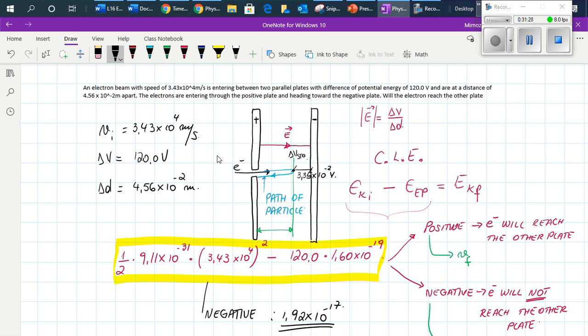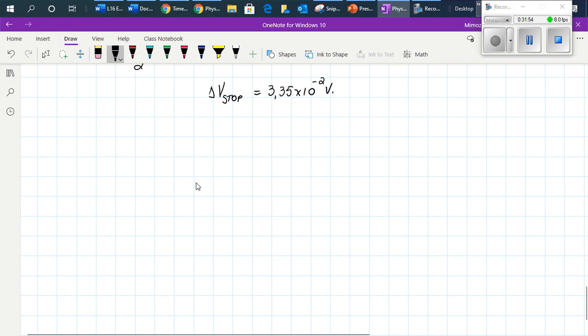So it starts at, let's say, 0 in this case, and then it goes up to the positive plate, which is 120 volts. In this case, the particle will stop barely close to the negative plate, and then head toward the positive plate.